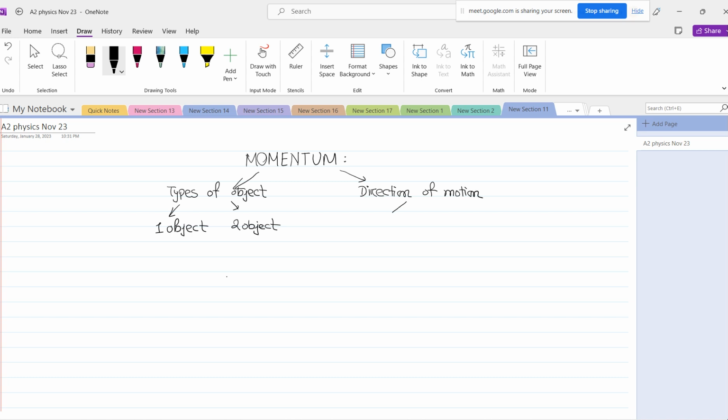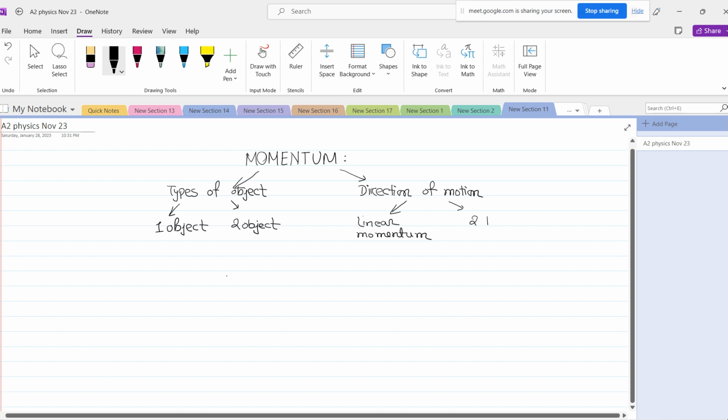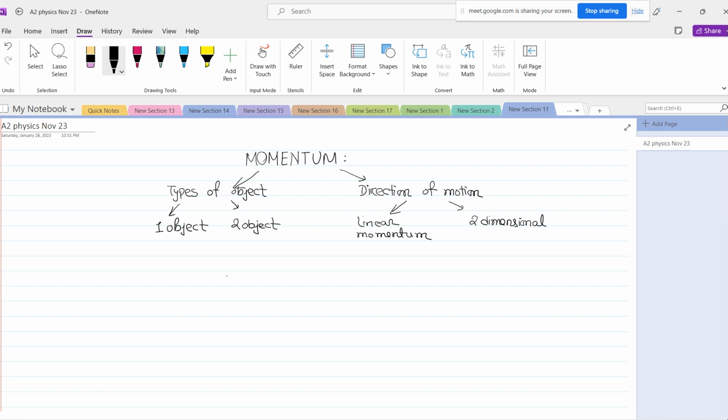If it involves only one direction, then we refer to that as linear momentum. And if it involves angles and so on, then we refer to that as two-dimensional. Right, angle. So the basic concept that we are going to start momentum with is using one object only.